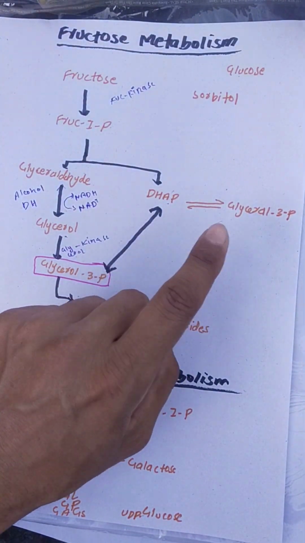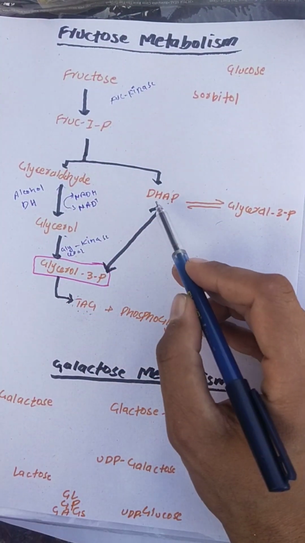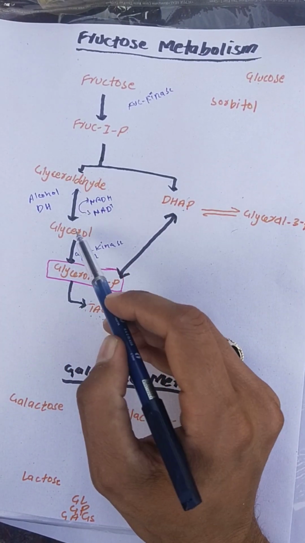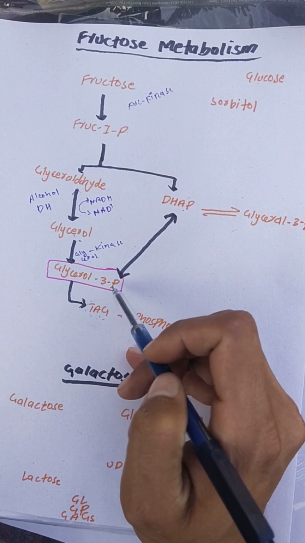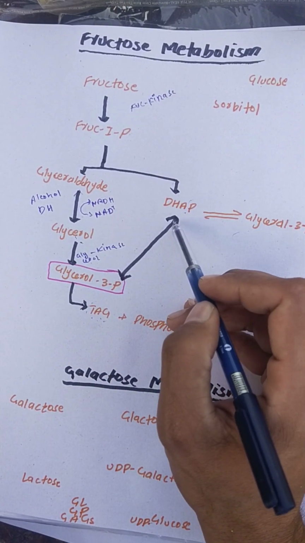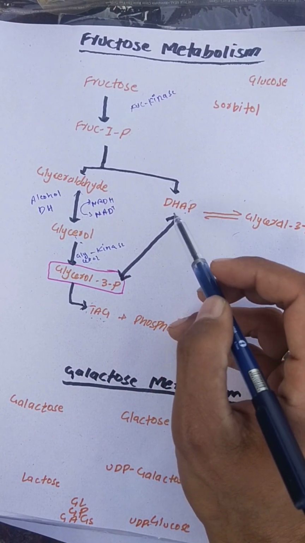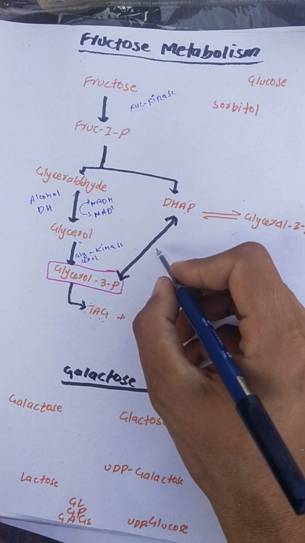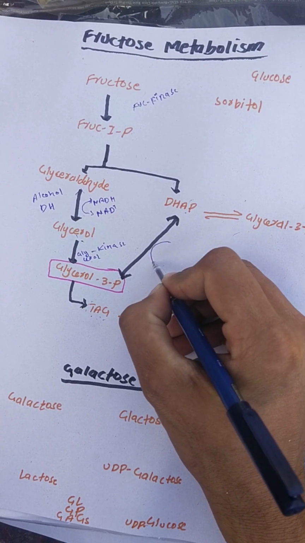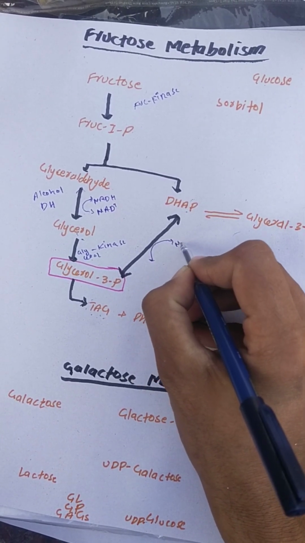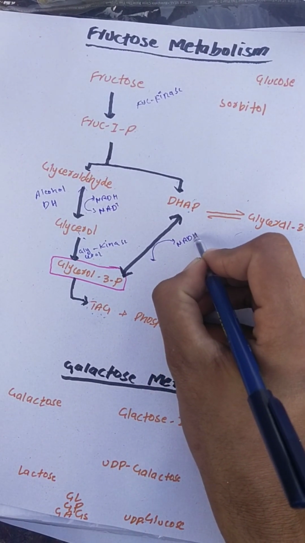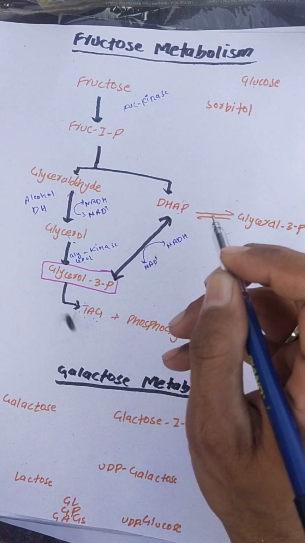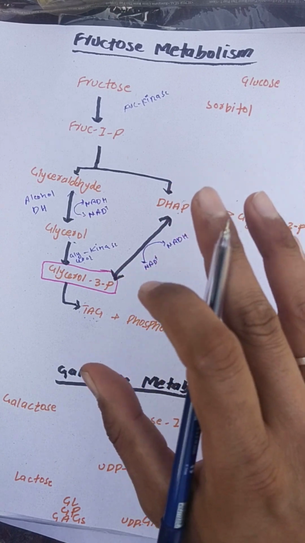Glycerol has to be converted first into glycerol 3 phosphate, but dihydroxyacetone phosphate already has a phosphate, so it is converted directly into glycerol 3 phosphate. Their enzyme uses NADH. And one more thing: whenever you have NADH or NAD, just put the enzyme dehydrogenase.